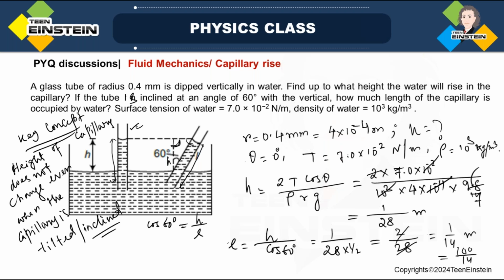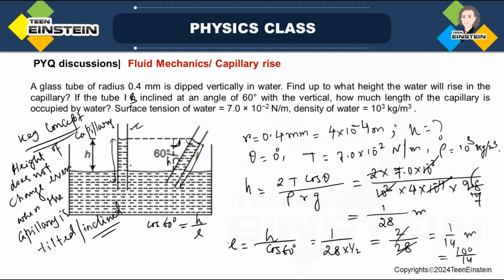But this vertical height is going to be the same, because vertical height depends on surface tension, radius of this tube, angle of contact, density of water. These are not at all changing, even if you tilt the capillary tube. So this is why H is not going to change.